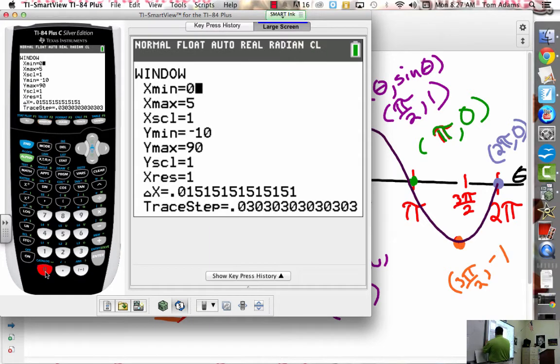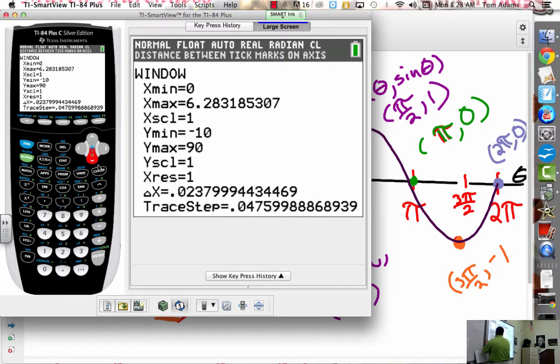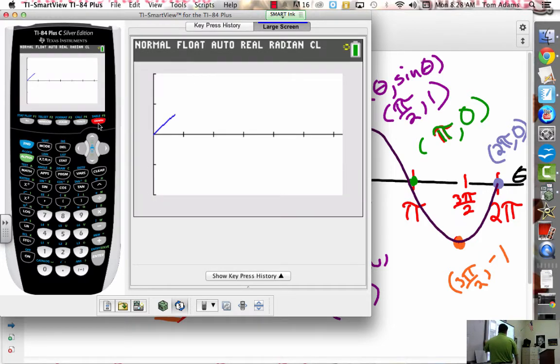I'm going to let my x value go from 0 to 2 pi. And I'm going to let my y value go from -2 to 2. If I hit graph, this is what I'll get.